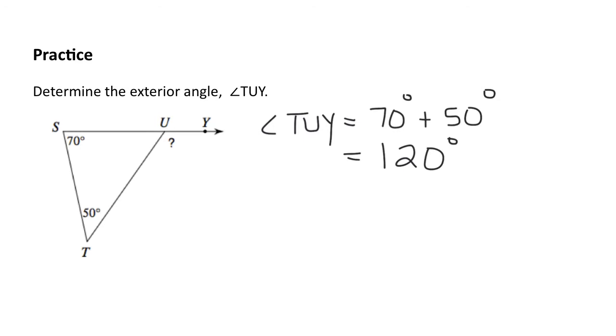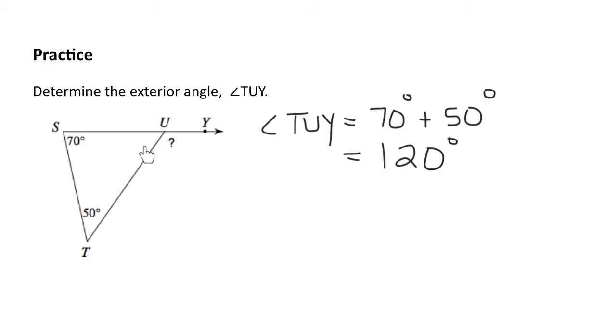Another way that you could choose to do this would be in 2 steps. So the first thing you could decide to do is figure out what is the missing third interior angle from this corner here. So let's call this angle U. So we know that the inside of a triangle, all 3 angles should add up to 180 degrees. So I already have 2 out of 3 angles.